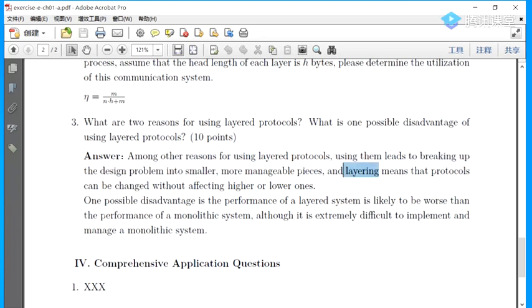And the layering means the protocols can be changed without affecting higher or lower ones. One possible disadvantage is that the performance of a layered system is likely to be worse than that of a monolithic system, although it is extremely difficult to implement and manage a monolithic system.